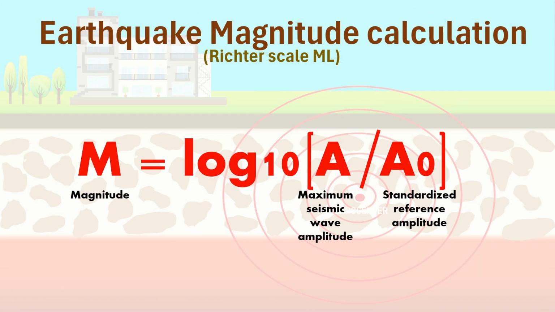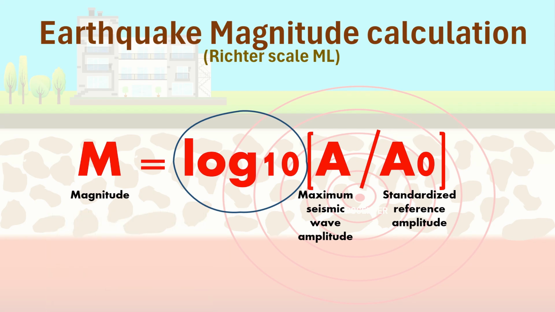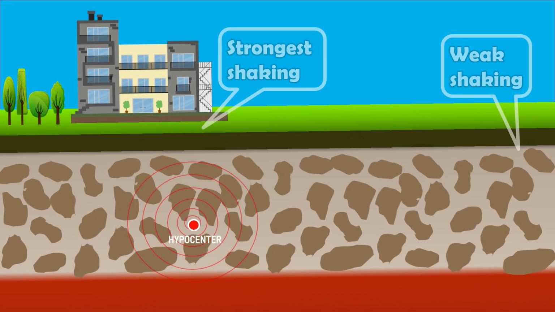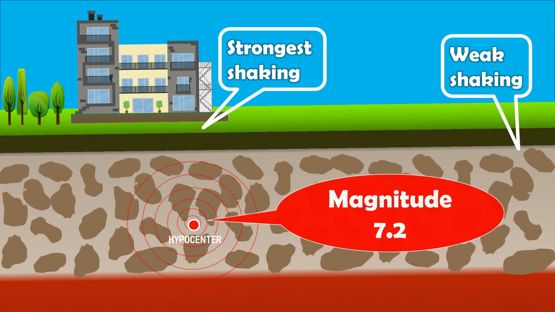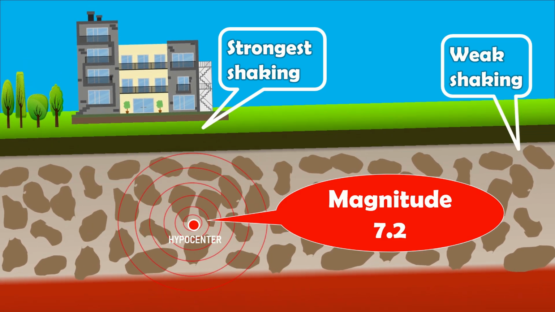Basically, it's a standardized, logarithmic calculation based on seismograph data, adjusted to represent the earthquake's total energy release, as if it were measured at a fixed reference distance. So, even if people feel the shaking differently in different places, the earthquake itself releases a fixed amount of energy, and that fixed energy is what we call its magnitude.